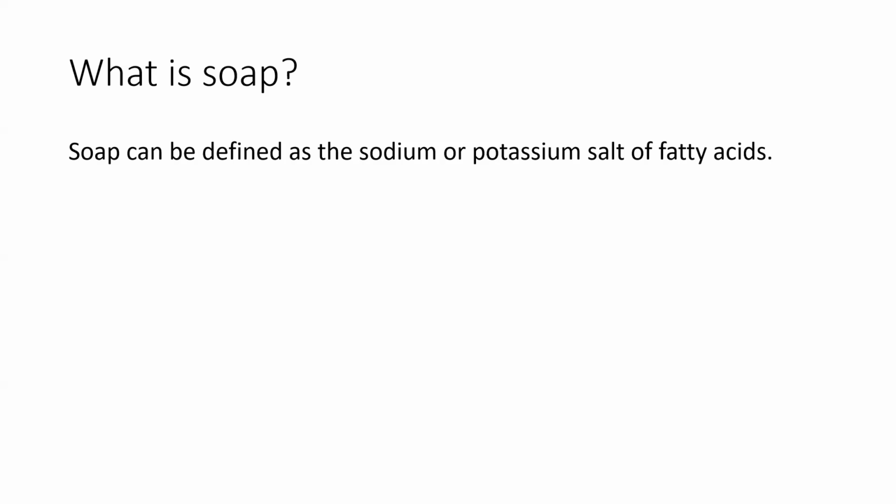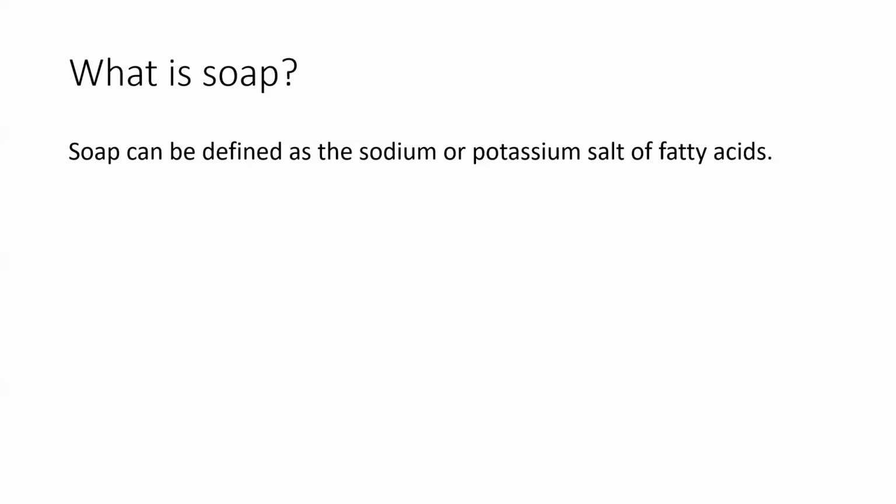In our last class, we looked at some fatty acids. We looked at palmitic acid. We looked at oleic acid. And you know that these acids have an ionizable hydrogen. Every acid has an ionizable hydrogen, right? Now, when this ionizable hydrogen is replaced by sodium or potassium or any metal, we say that a salt has been formed.